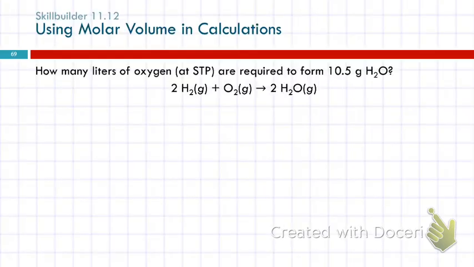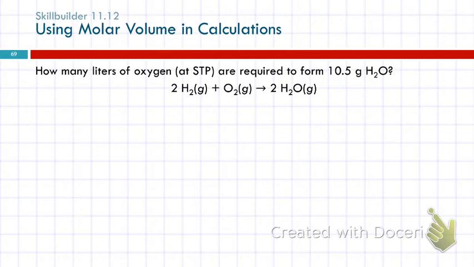So that molar volume makes these stoichiometry problems much simpler. So anytime you see at STP, you can use that conversion. If it's not at STP, you can't. You can't use it everywhere. Most likely for all our questions, most of them are going to be at STP.